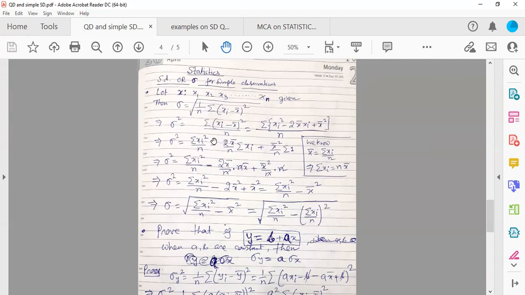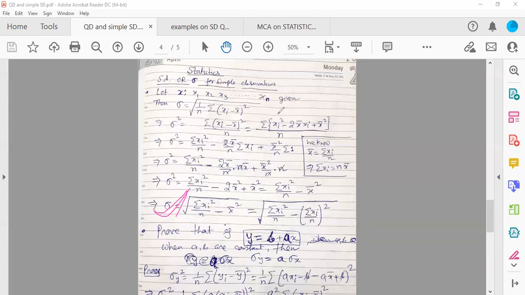The proof will not come in the exam, because we will have MCQ, not theory questions. Actually, this is the formula. So this is a shortcut formula, and we use it to solve examples: sigma equal to root over summation x square by n minus x bar whole square.